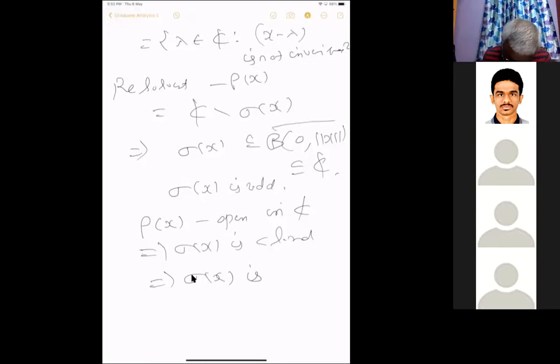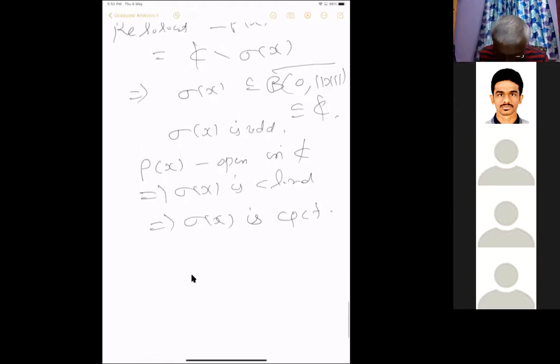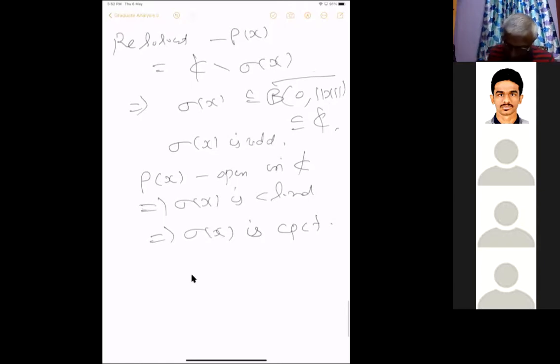Mostly norm x will be there, so you have to take the closed ball. Correct. So sigma x is compact.